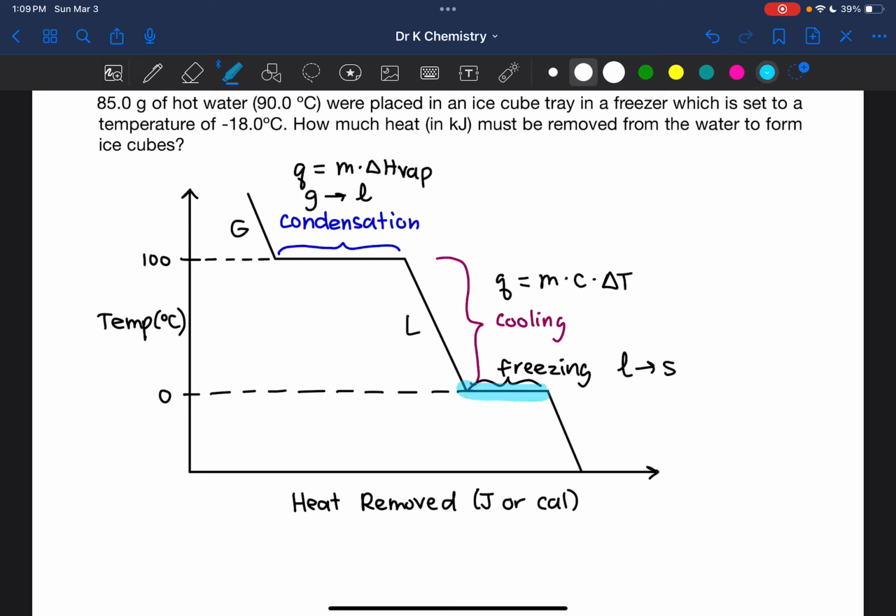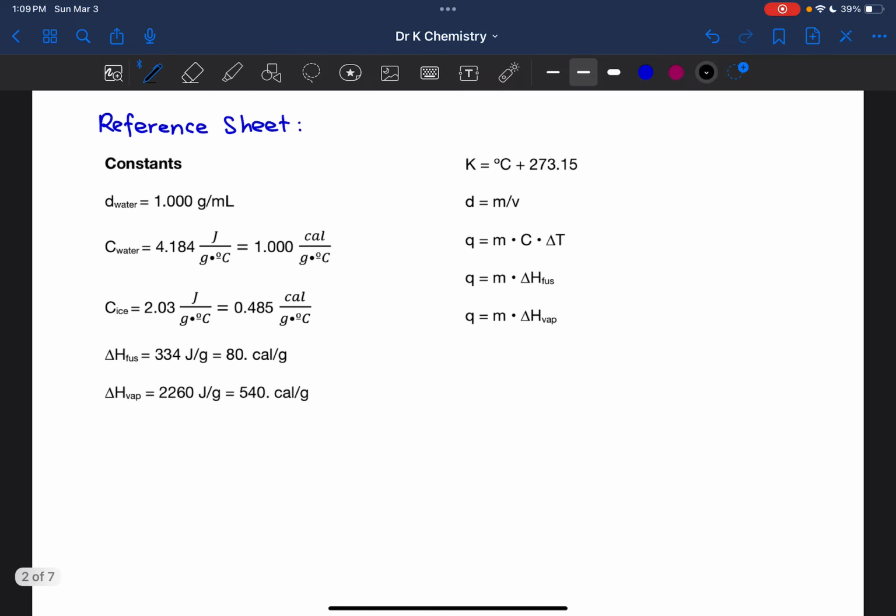Notice that there is no change in temperature, right? This whole process is going to occur at 0 until everything is completely frozen. So the equation associated with that is Q equals mass times the heat of fusion. There's no change in temperature here. And that equation is listed on the reference sheet right here, and the value for the heat of fusion is listed right there.